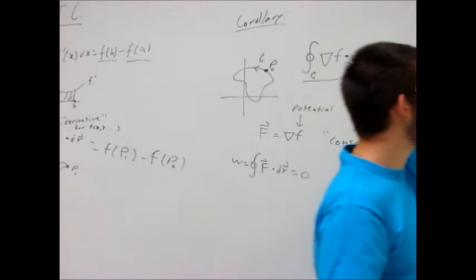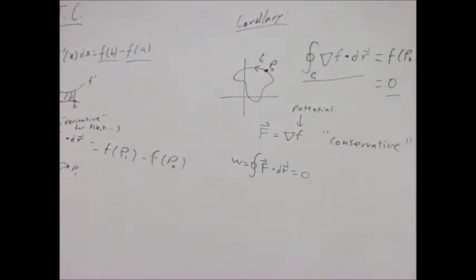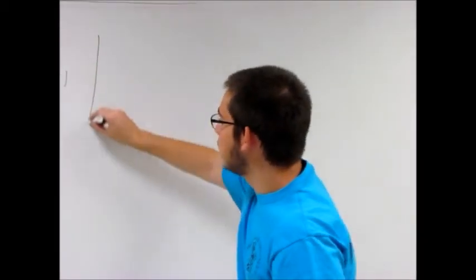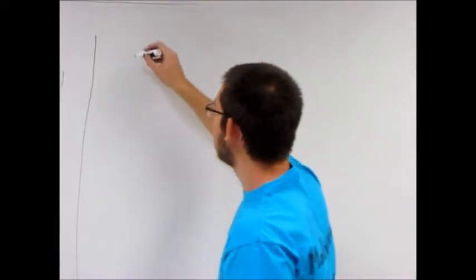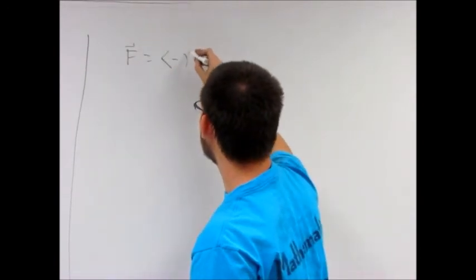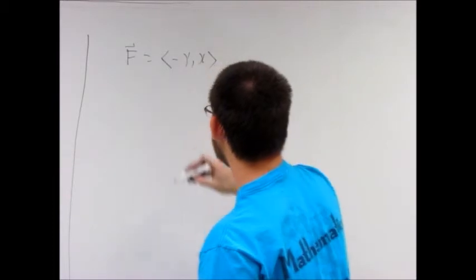Now I just want to do one more example of vector fields that are not the gradient of a function, and are not conservative. Let's consider this vector field, negative y comma x.